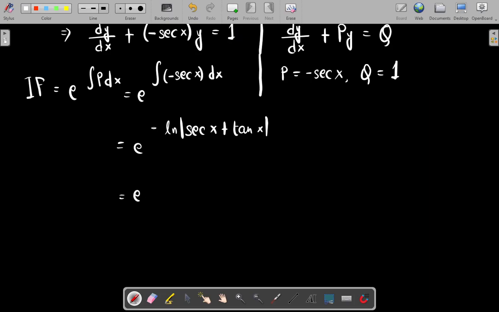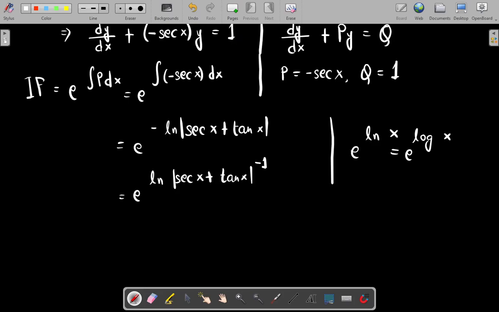So now this minus 1 is in front of the logarithm, so I can take it to the power. So this becomes ln of |sec x plus tan x| whole raised to the power minus 1. Okay, so we know this formula e raised to the power ln x is nothing but e raised to the power log x base e.